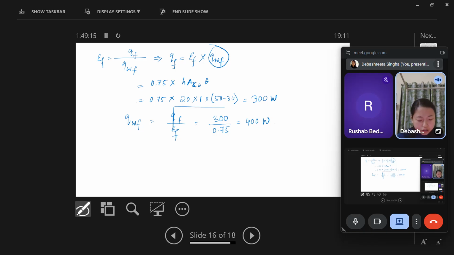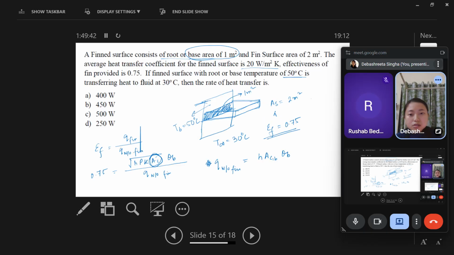Anyways, you can directly find out from here also. Q without fin, you can directly find out: H AC B into theta. You know H is given, AC is also given, theta is also given. Everything is given, so directly you can find out. There was no need to do all this. And just in the question, you need to understand which rate of heat transfer is asked.